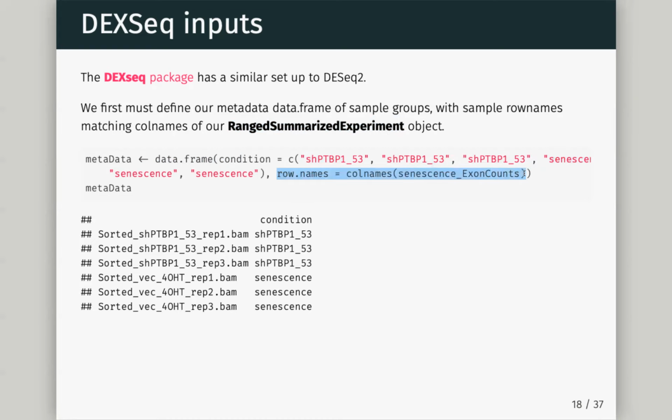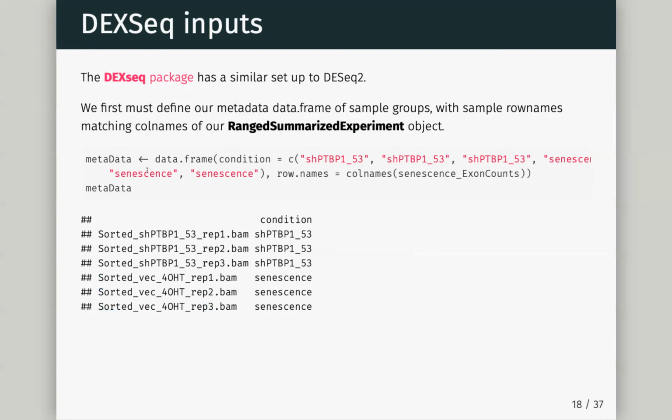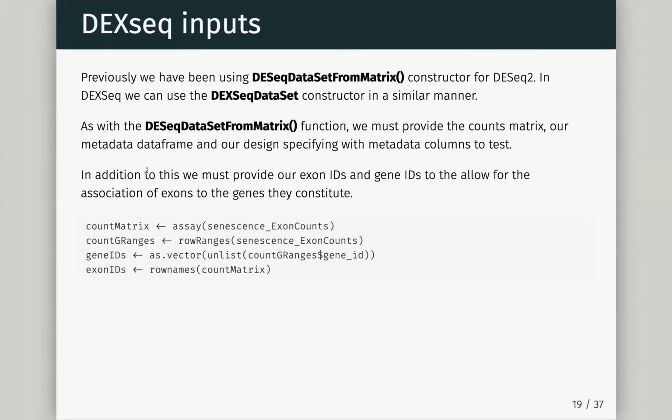Give it some row names so that we can match with the sample names, the column names, in the range summarized experiment object already. And then with that, I can attach that back to our matrix later on, the range summarized experiment. So previously we've used DESeqDataSetFromMatrix, and we can use DEXSeqDataSet in a similar manner.